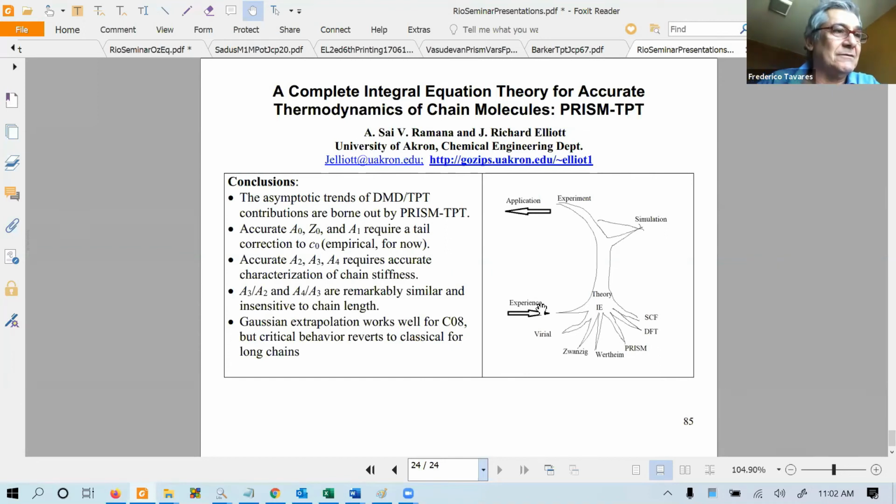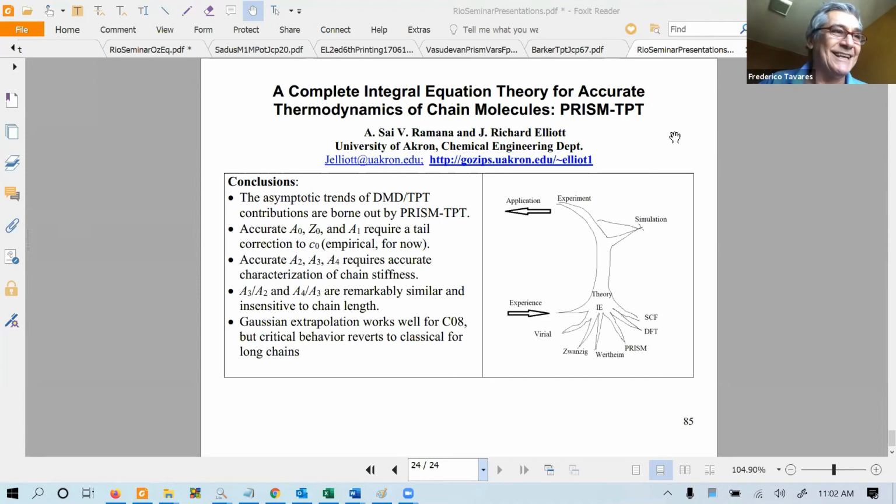Very nice, Richard. I think the model that can be self-consistent with compressibility and free energy is very interesting, and not easy to find.